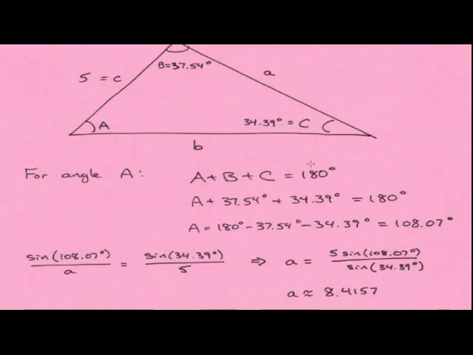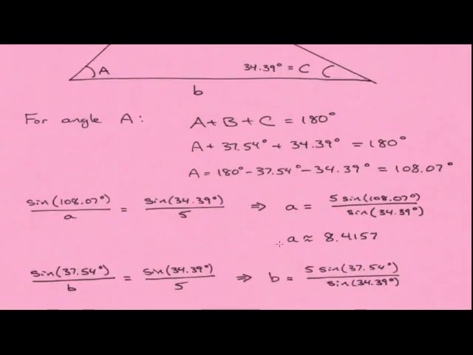If we go to the law of sines now, that's going to say that the sine of 108.07 degrees over the length of side A is going to be equal to the sine of 34.39 degrees divided by the length of the side that's opposite, so 5. If we then solve for A, we see that A is going to be approximately 8.4157.